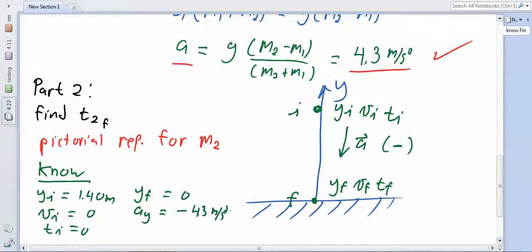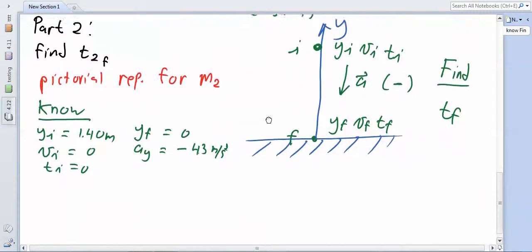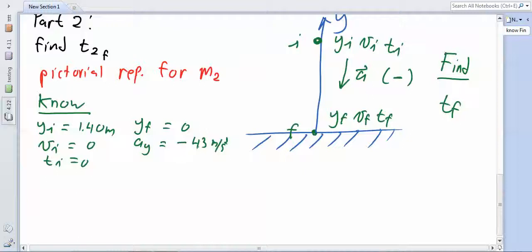And what we want to find for the kinematics part of the problem is the value of t sub f. All right, so move my paper up a little bit and we'll work on this kinematics problem. So we want to find out something about the time. So we want to use one of the kinematic equations that has time in it, but we're not interested in the final velocity. So the first kinematic equation from the list would be the one that is most useful.